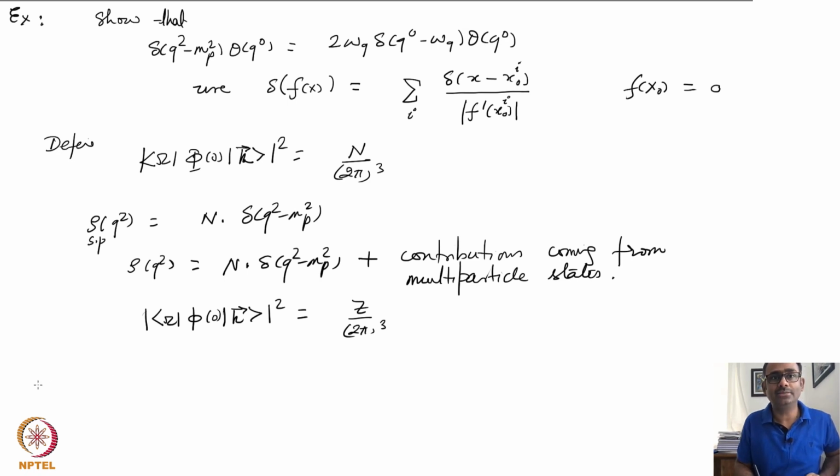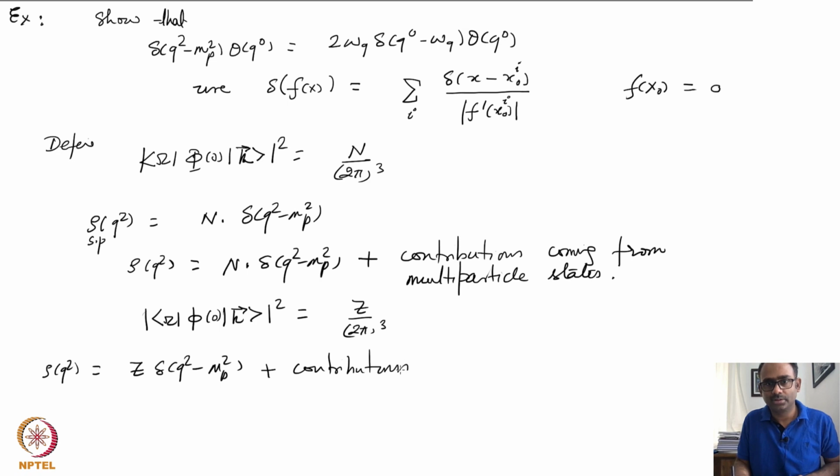So what do we have then? In that case, when I am looking at the spectral density for the case of this elementary field phi, rho of q square is z times delta of q square minus mp square plus contributions coming from multi-particle states.